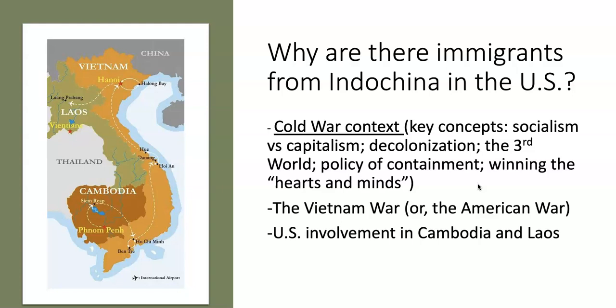As a result of our intervention in that part of the world called Indochina, the result was Indochinese migration, or to use our term earlier, Indochinese diaspora. This significant migration of persons from Vietnam and Laos and Cambodia to the United States by the mid 1970s.